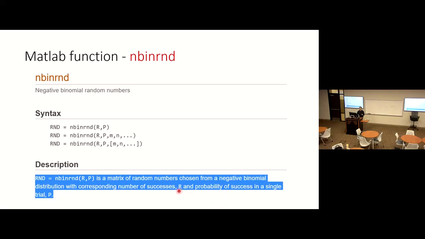That is P, 0.3, and R is the number of successes. The output is the random corresponding number of tries.